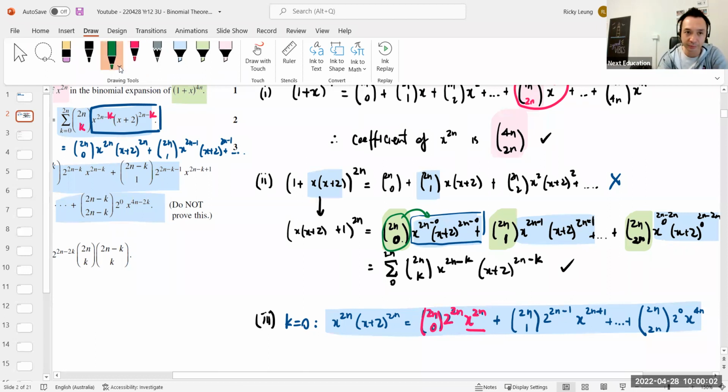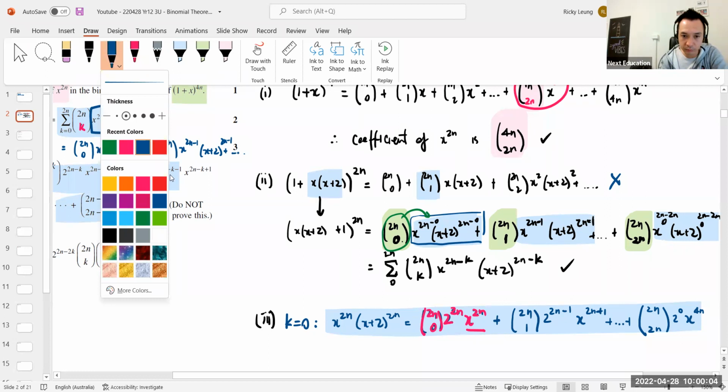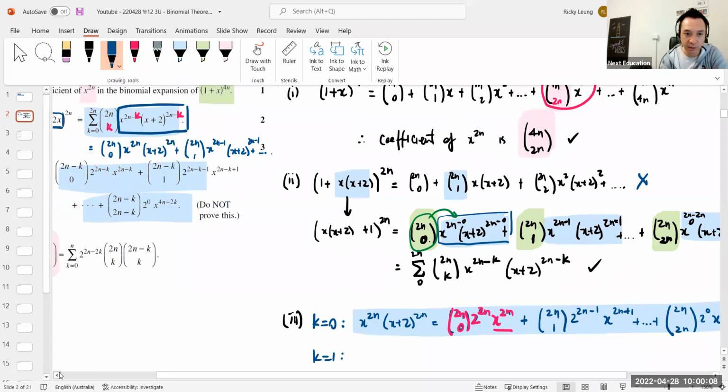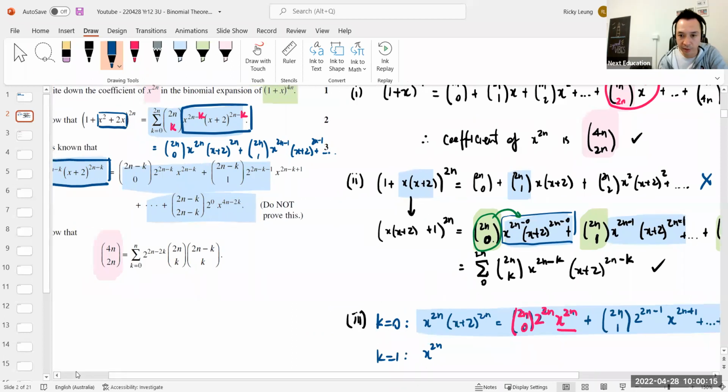When k is 1, I similarly sub in everything. So x to the power of 2n minus 1 times x plus 2 to the power of 2n minus 1. Wherever you see k here, sub in 1.